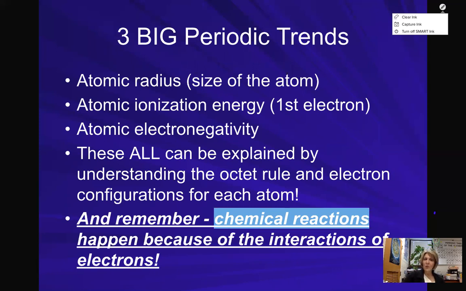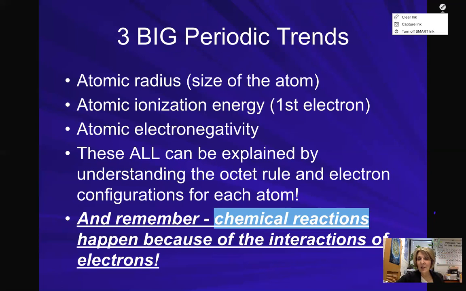So let's review very quickly these 3 periodic trends that are going to be the most important for our class. The atomic radius trend, right? We know which ones are the biggest and which ones are the smallest. They're going to be bigger going down because francium's the biggest, and bigger going across.